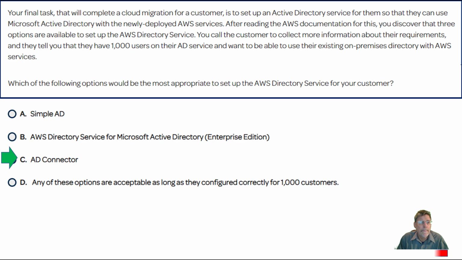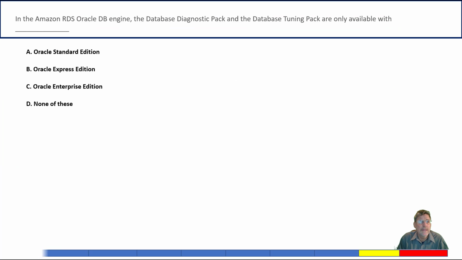All right. These are going pretty quick here. Oracle DB Engine, Database Diagnostics Pack, and Database Tuning Pack are only available with... So when you have an Oracle RDS instance, you have to get a certain type of edition.